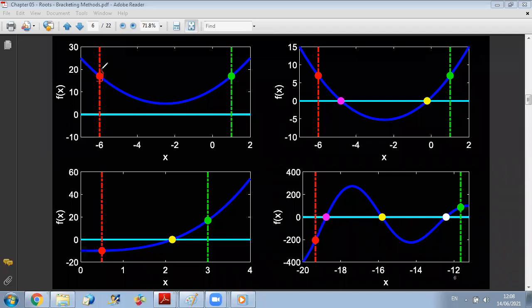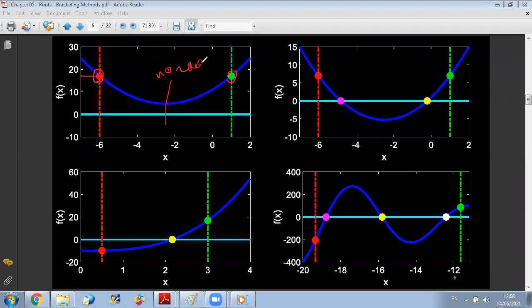Let's say the value at this red point is nearly 18, and at the green point it's also 18. So you can say that since both have positive values, I might have roots or no roots in this interval. In this example here, no roots, since all your values are positive, above the x-axis.